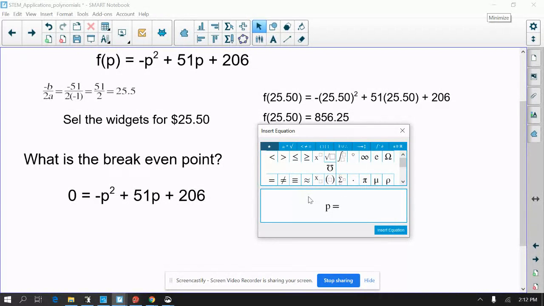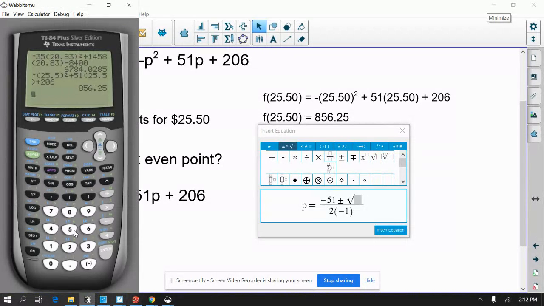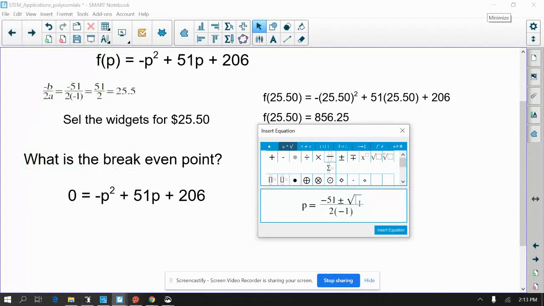So P equals the opposite of B, so negative 51 plus or minus the square root of B squared minus 4AC. And I'm going to my calculator. 51 squared minus 4 times A, which was negative 1, times C. All in one shot, and I get 3,425.